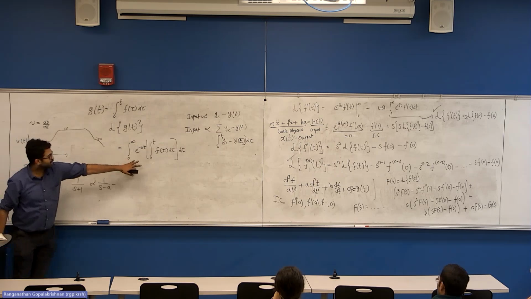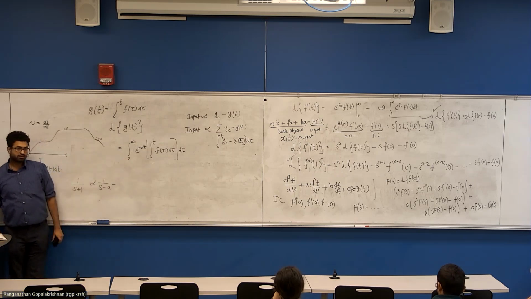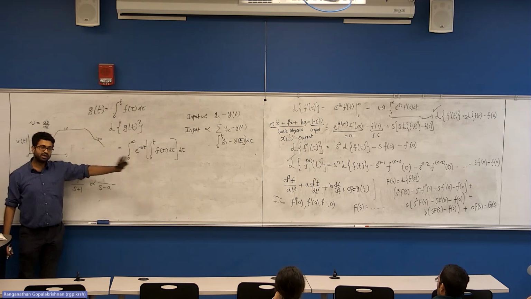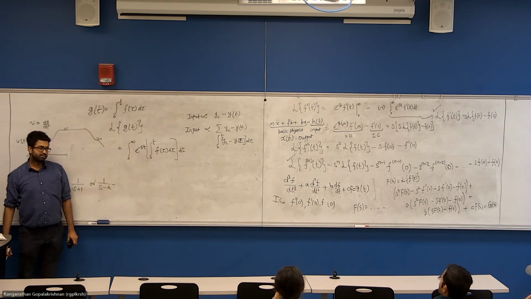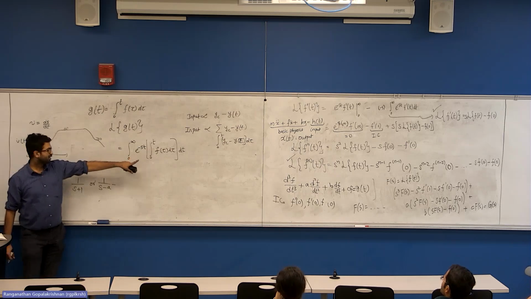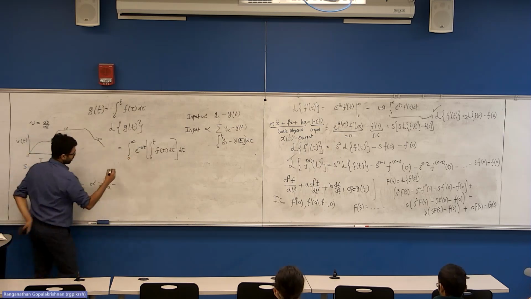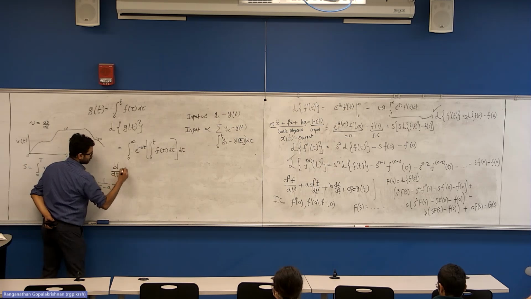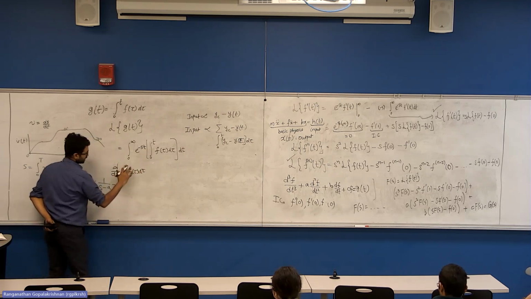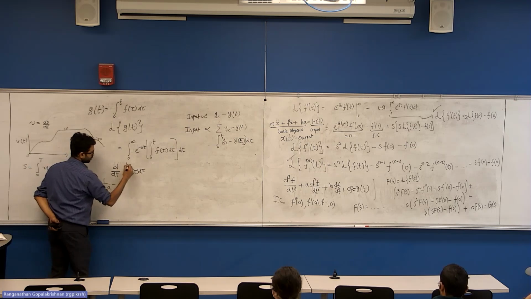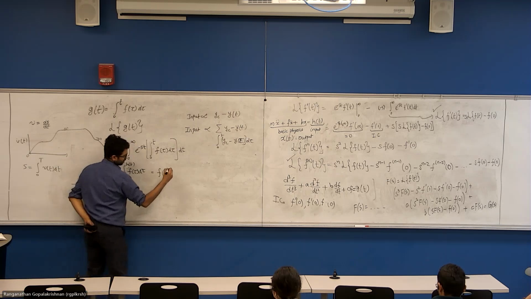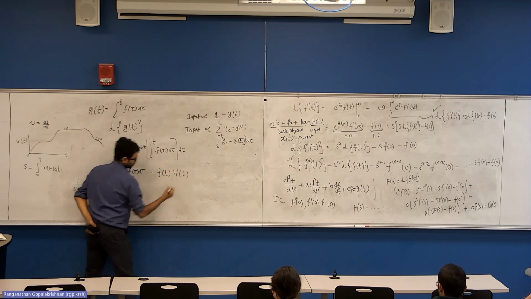So how do you do integration by parts on this? Which is the easily integrable function, which is the easily differentiable function? This is easily integrable, right? This is easily differentiable. So if I want the derivative of the integral from 0 to h of t of f of tau d tau, this is f of h of t times h dash of t.